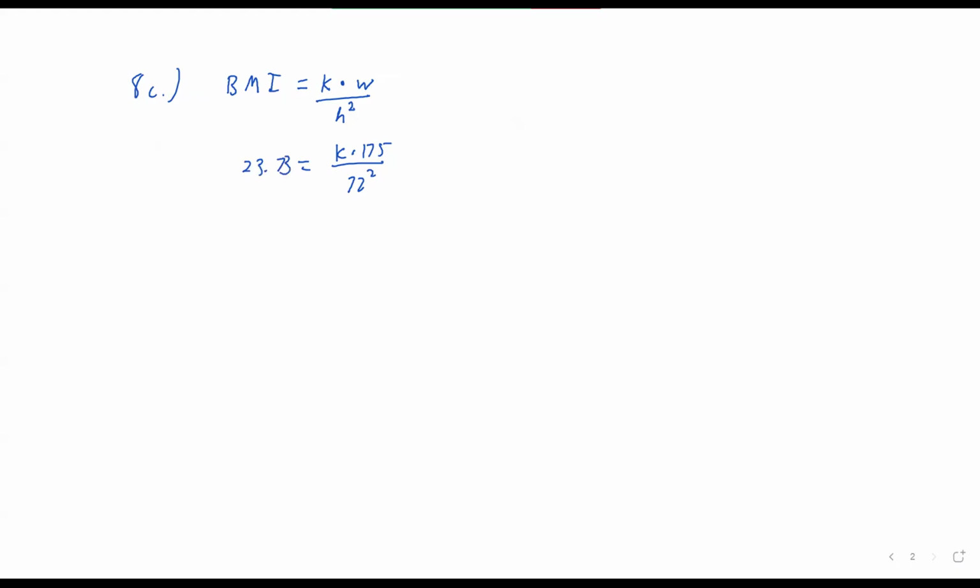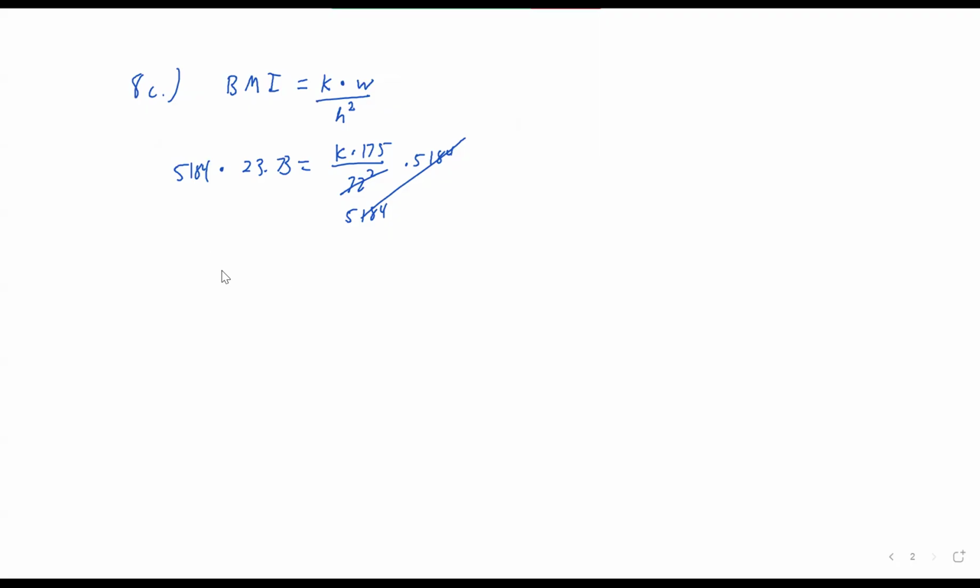23.73. So to solve this out, I'm going to use a handy dandy little calculator. And so this would be 72 times 72. That gives me 5,184. So I'll multiply both sides by that. So then I'll take that and multiply it by 23.73.